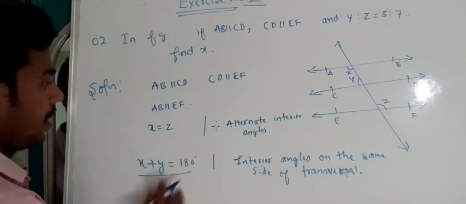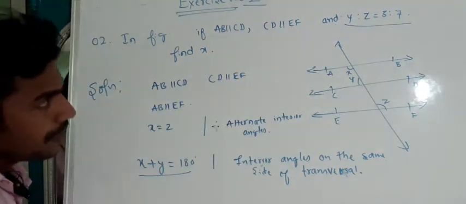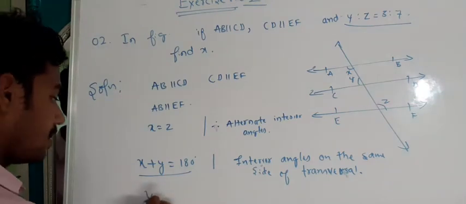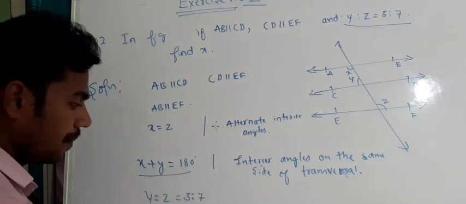That only we have written. Now, what is given to us? Y is to Z is equal to 3 is to 7.